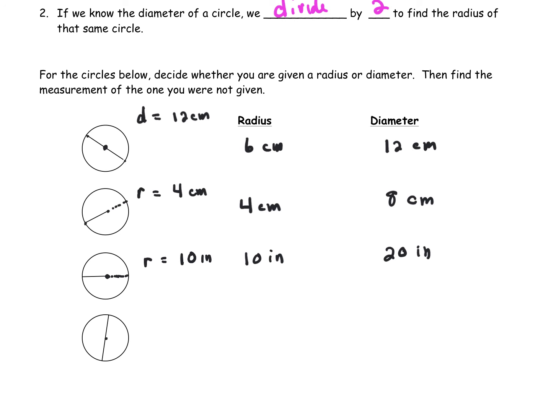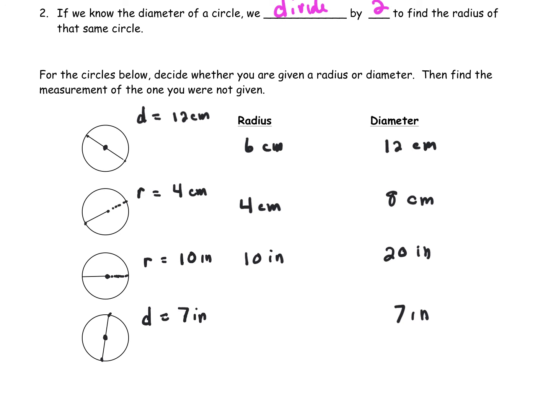And the last example, I see this is a line that touches the outside of the circle, goes through the center, and touches another point on the outside of the circle. So this is a diameter. Let's make up another measurement. Let's make it 7 inches. So this is a diameter, 7 inches.